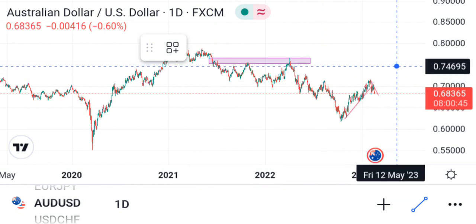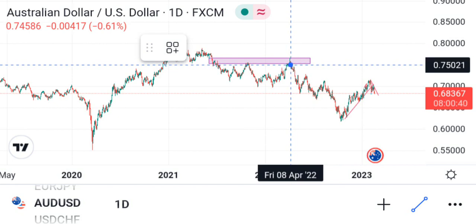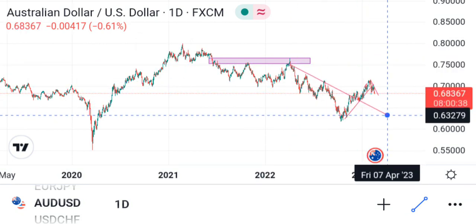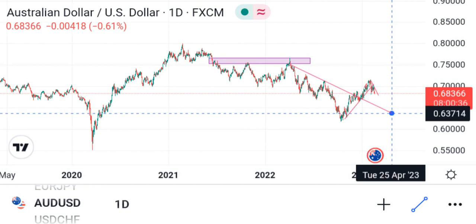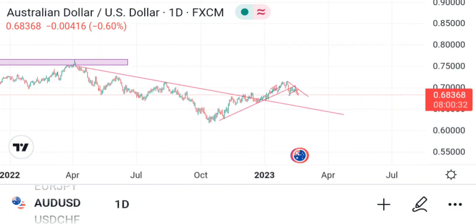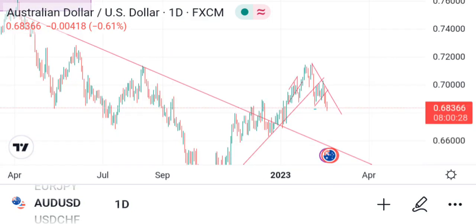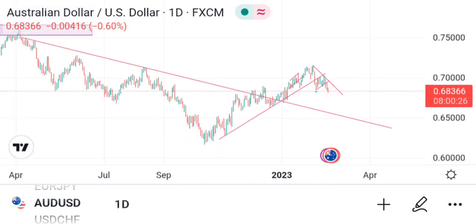The way I drew this rectangle is actually a resistance zone. The market broke this trend line. Actually there was a retracement up here. So this trend line you're seeing here is actually a retracement that came to this zone.